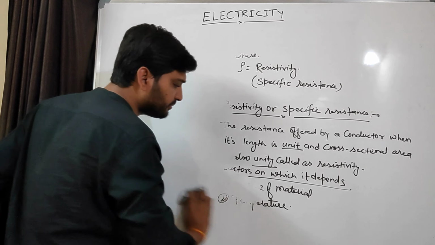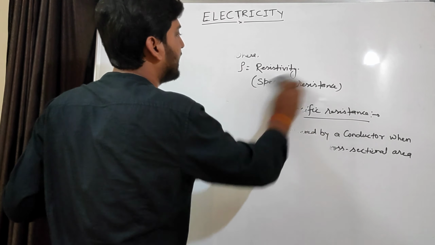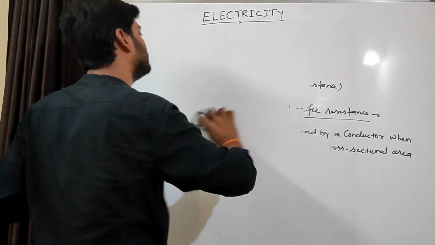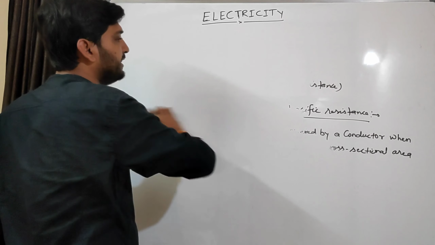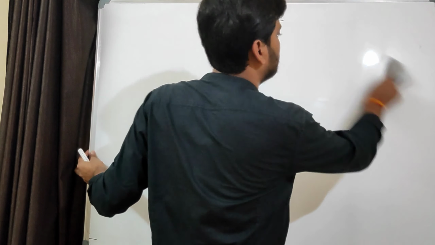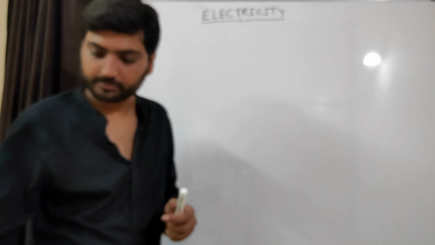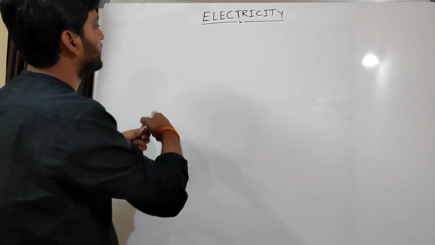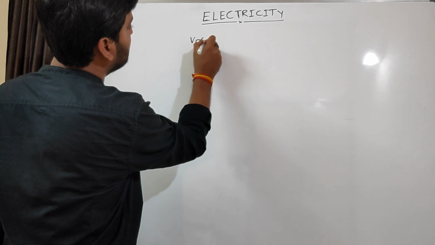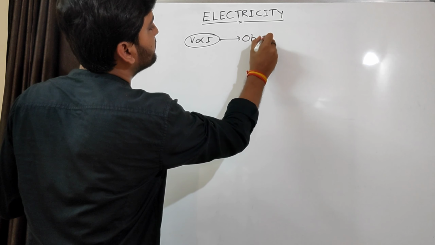Clear? So next is the graphical plotting of potential difference and current on a graph. We have studied V is directly proportional to I from Ohm's law.